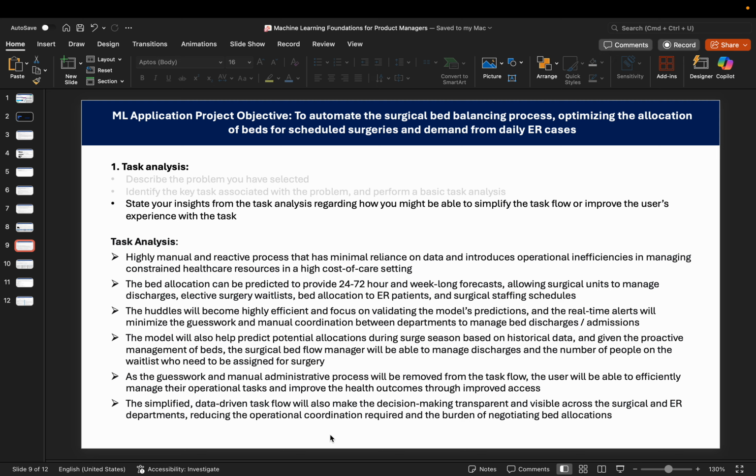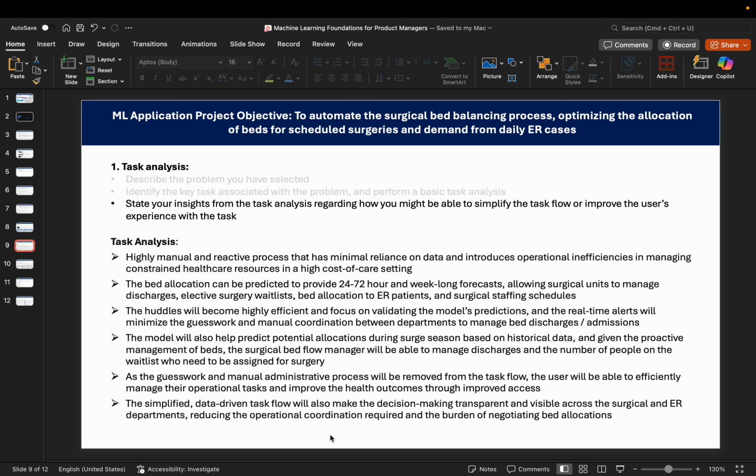The huddles would become highly efficient as they would focus on validating the model's predictions and handling the real-time alerts, and will minimize the guesswork and manual coordination required. The model will also help predict potential allocations during surge season based on historical data.